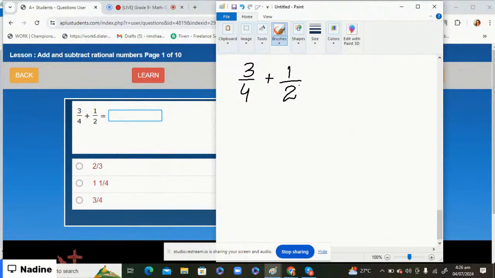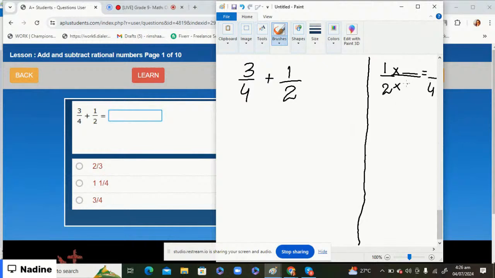What is the first step that we will take? First of all, we check which denominator is smallest, that is 1 by 2. We take 1 by 2 here. Multiply and divide with a number to make it 4 here.